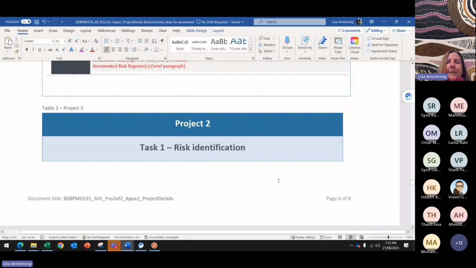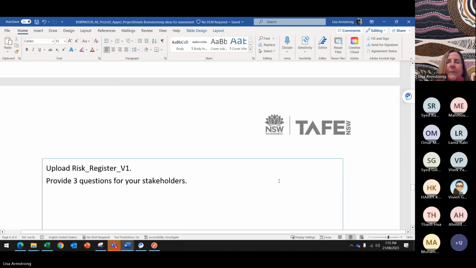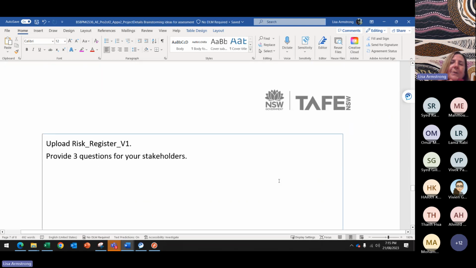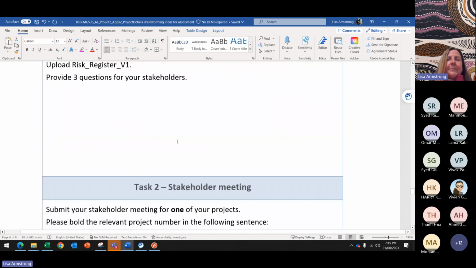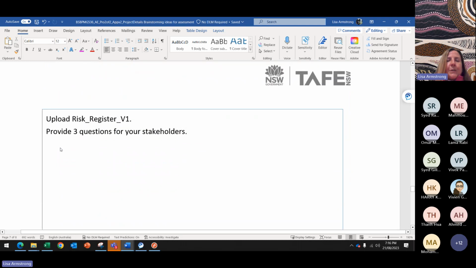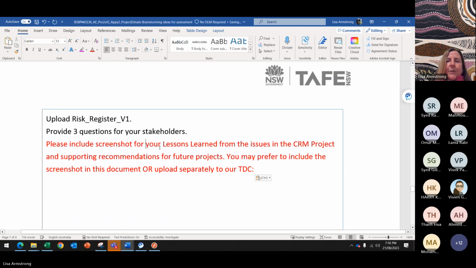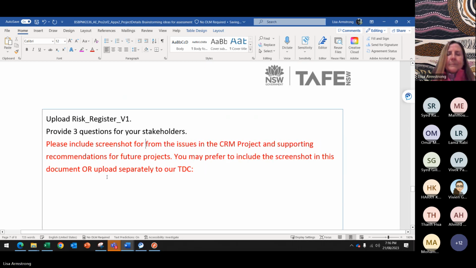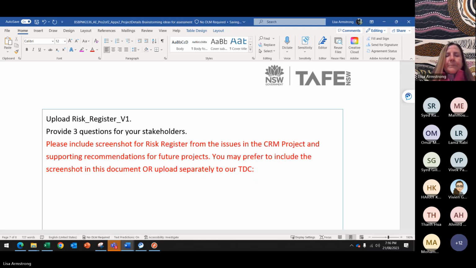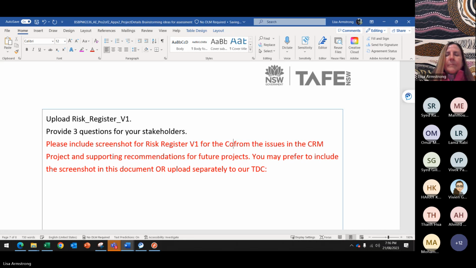Here we go. Task 1. We need a risk register and 3 questions. Again, I'll just copy paste that last bit. You can include a screenshot or you can include the actual risk register, it's up to you, for your risk register version 1 for the annual conference project.